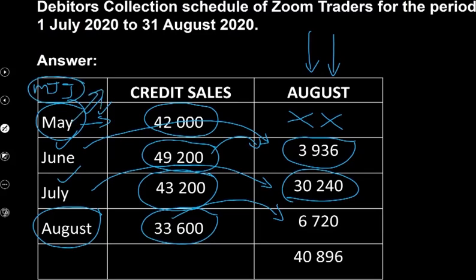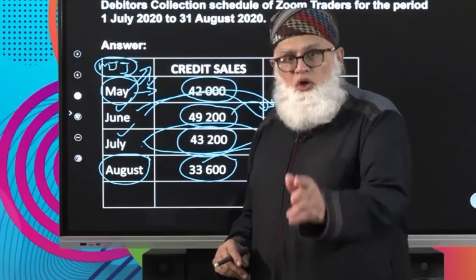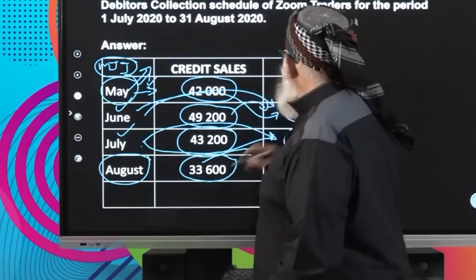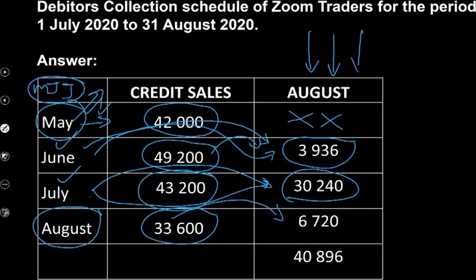June will pay us in June, they'll pay us in July, and a component will be paid in August. July will pay you in July, some part will pay you in August, and obviously, you can see here that some part of your July component will also pay you in September. However, September is out of my budget period because my budget period is focused on the month of August.